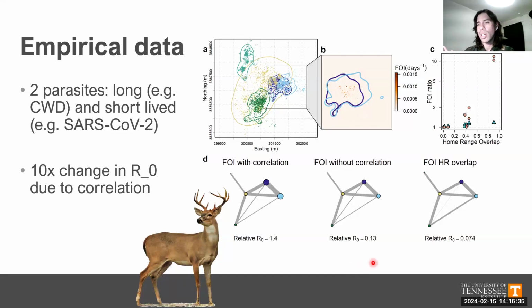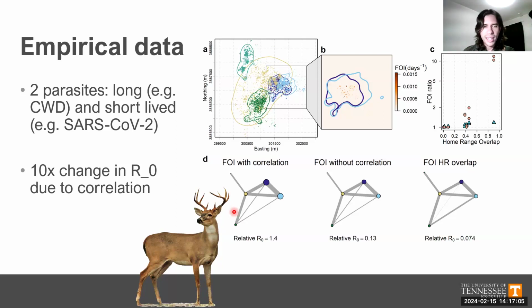So if we assume that all animals were moving independently, you can see that the relative R naught is 10 times greater when we actually account for the correlation, which in the case of the deer is probably related to social interactions between females. And this is something that, again, should be taken into account very importantly for monitoring wildlife disease.